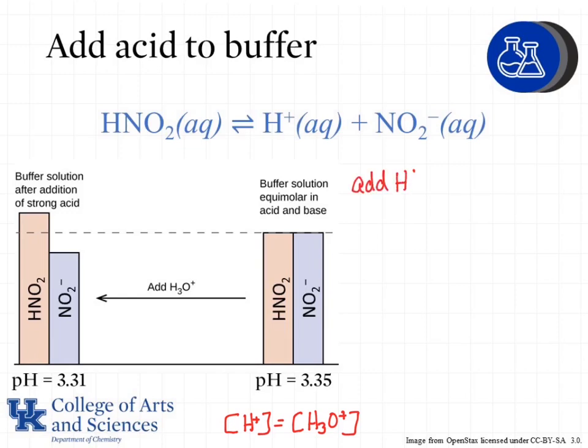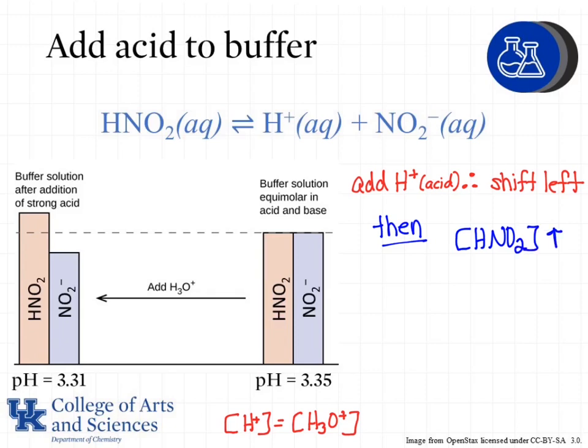If we add acid in the form of H+, we will see that our reaction shifts to the left. Once it's shifted to the left, then we will see the HNO2 concentration increases and the NO2- concentration decreases.